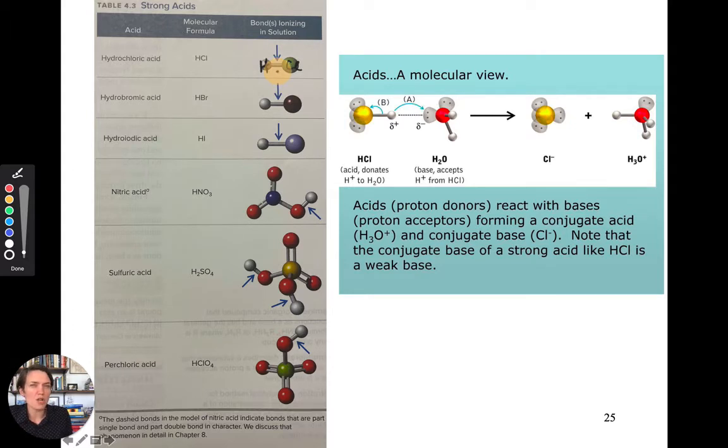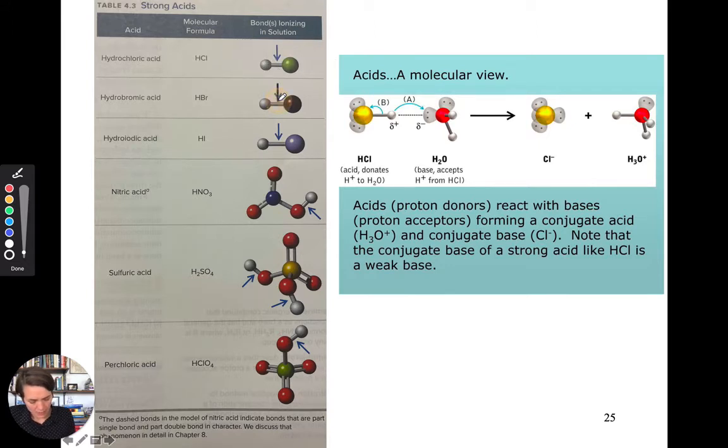It has a much stronger pull on those electrons than our hydrogen does. So when we're in an aqueous solution, it's quite easy for those electrons to be just donated to chlorine, forming our chloride ion. And then we have our hydrogen ion. And again, that's going to get picked up in solution by something.